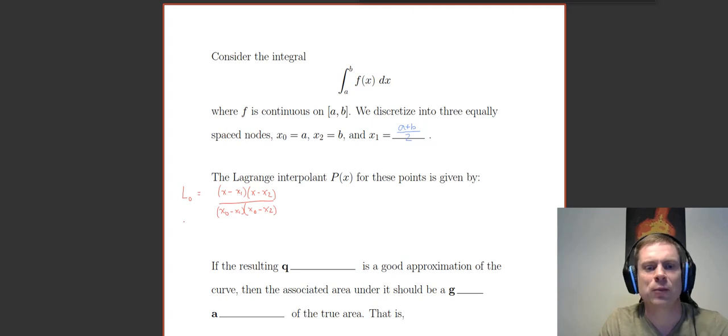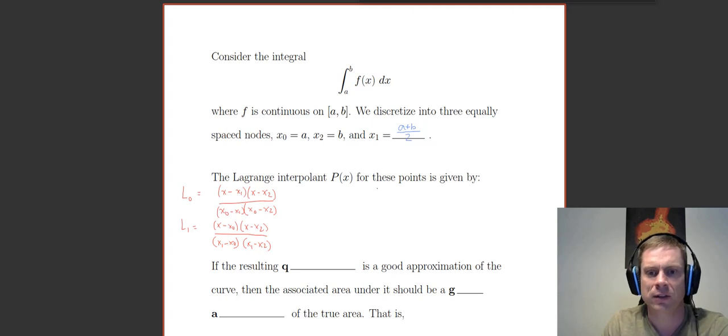And we do that same sort of pattern for all three of those basis functions, if you remember. So we can construct two others that are very similar: L1 is x minus x0 times x minus x2 over x1 minus x0, x1 minus x2.